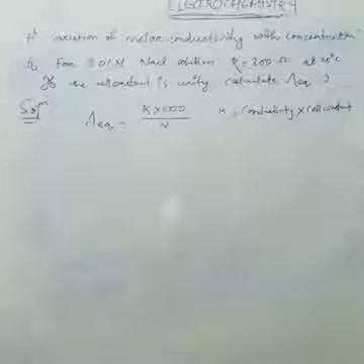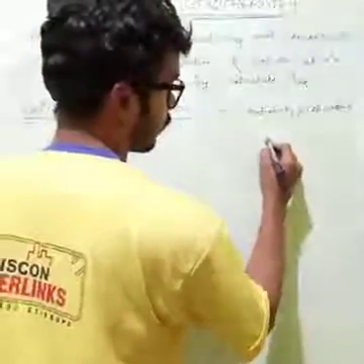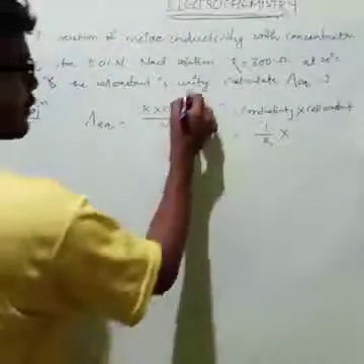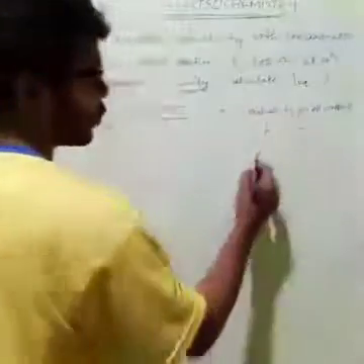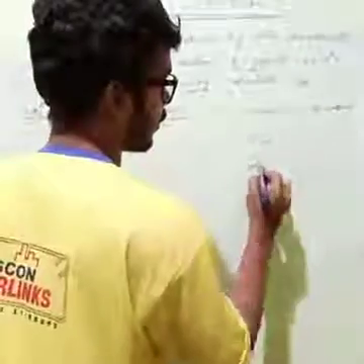Conductivity is 1 by R into cell constant. Cell constant is unity. 1 by R is 1 by 300.